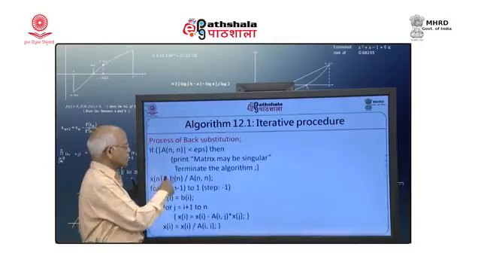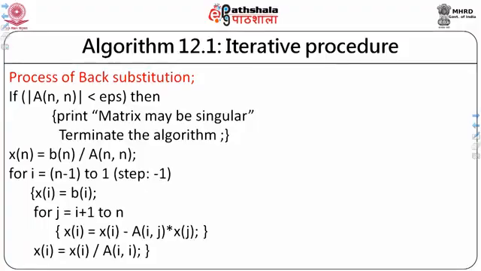So, once we do this, the process of back substitution will start. Now, when we are considering back substitution, the first thing we do is find x_n equal to b_n upon a_nn.